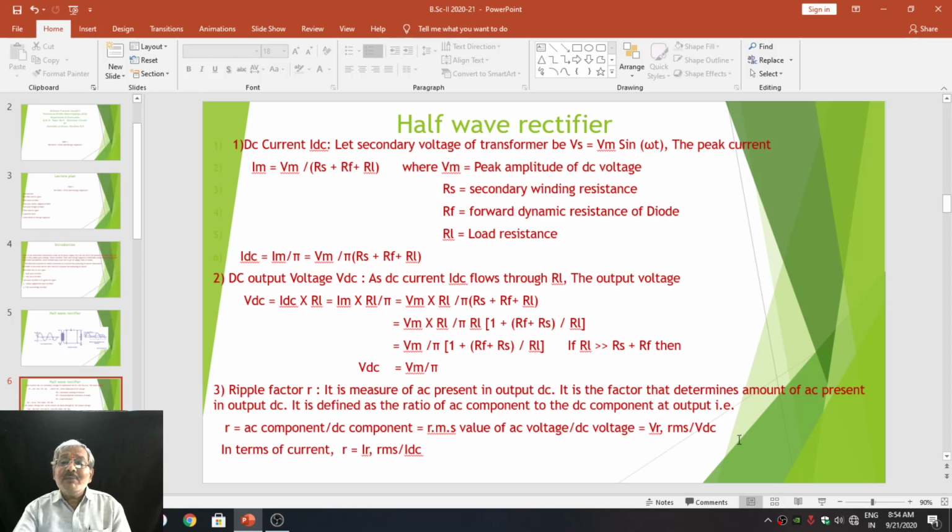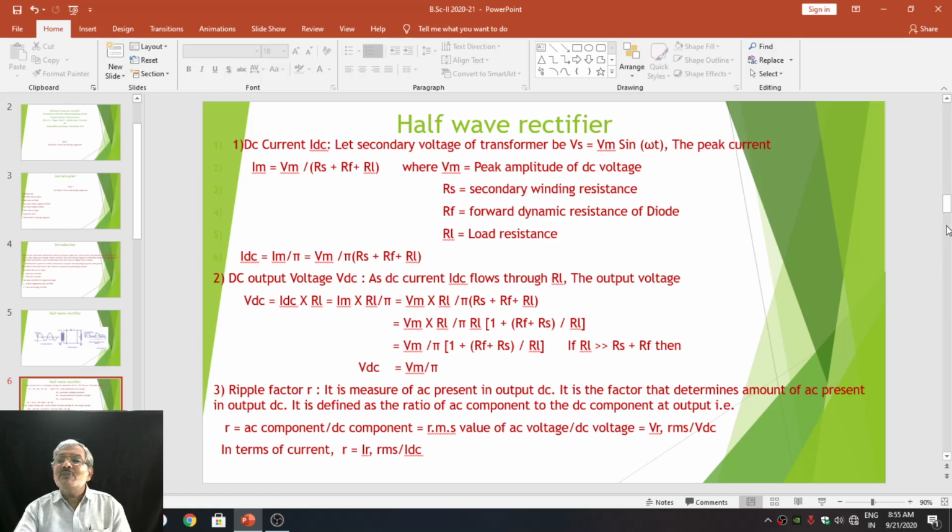Now when the same ripple factor is represented in the form of current, in terms of current the ripple factor is given as IR RMS upon IDC. IR is the ripple current, RMS is root mean square, that is root mean square ripple current upon IDC.